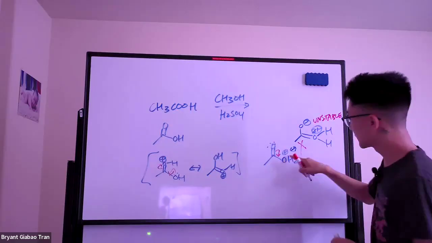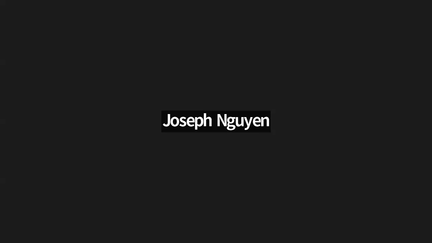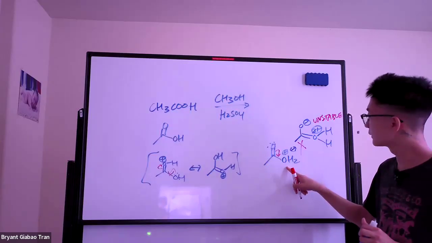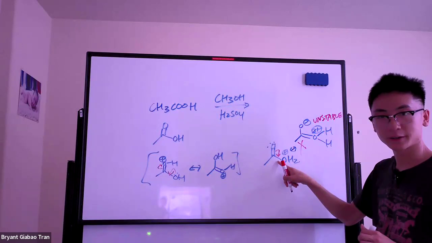Wait, hold on. Where did the other plus charge come from? This plus charge right here. Yeah, so that one was when you protonated it. But where did the 2 plus come from? Oh, the 2 plus came from when we moved this double bond down here, right?